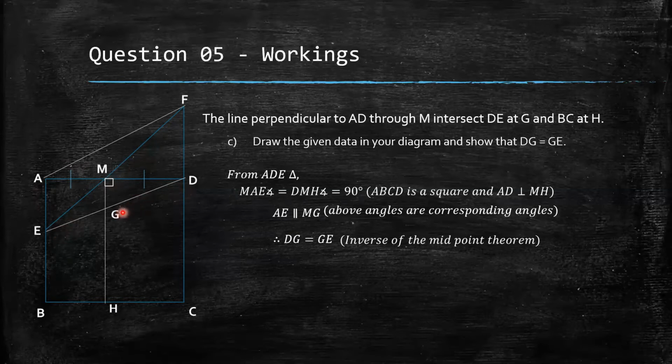Therefore, using that inverse theorem, these two lines are parallel, and M is the midpoint. Therefore, that line will bisect DE, and G is the midpoint of DE. Thereby, GE is equal to DG.